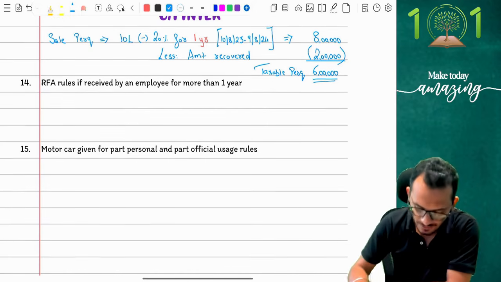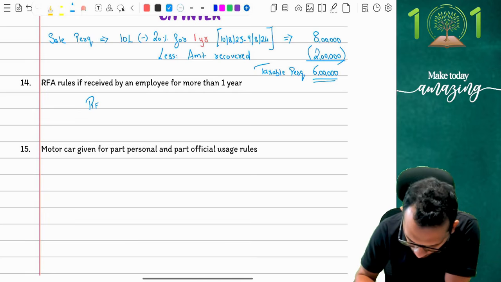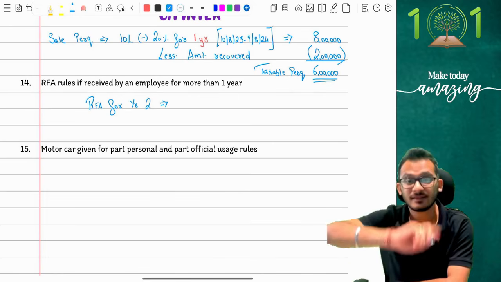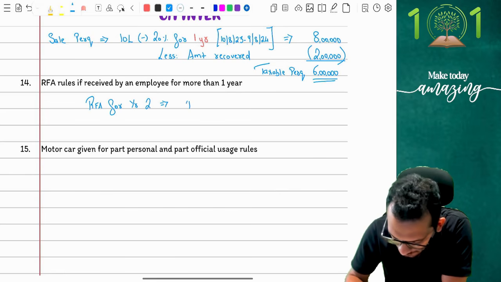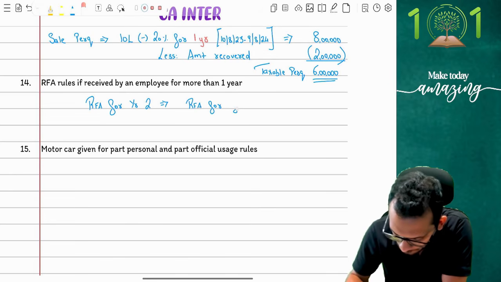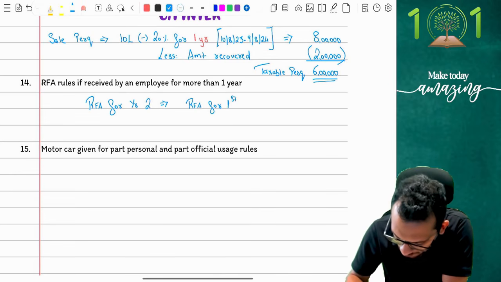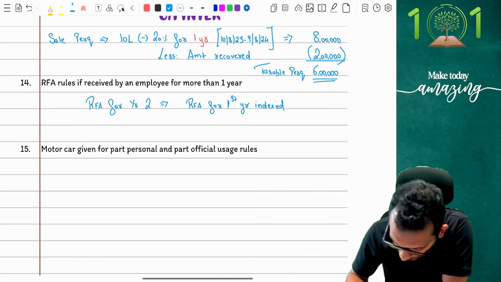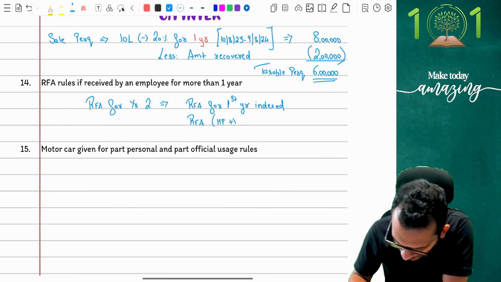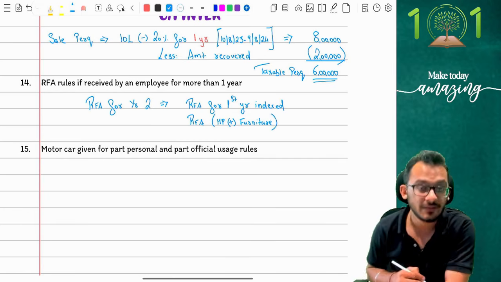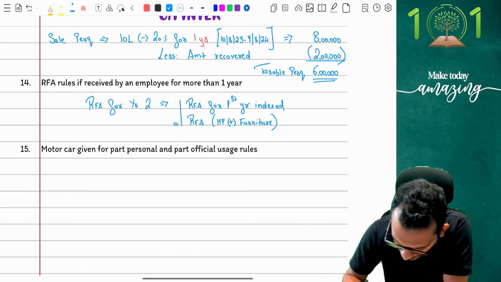No, I will have to do indexation of RFA and get the computation. So the rule is, RFA for second year is: what is the RFA for first year indexed, or the current year RFA, which is the house property plus the furniture, whichever is lower.